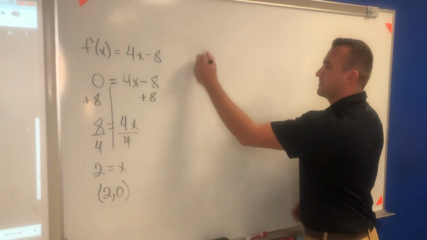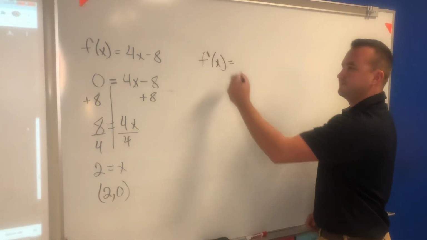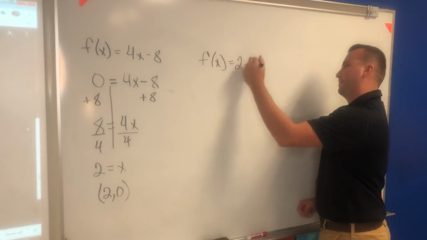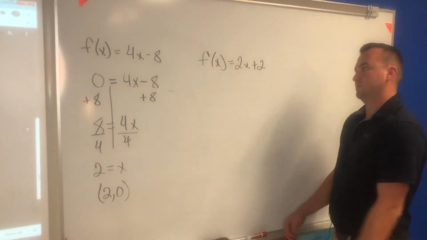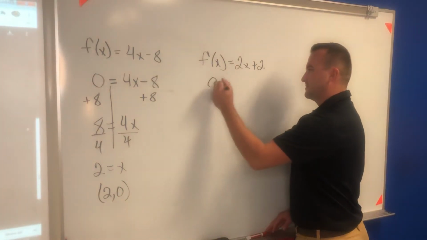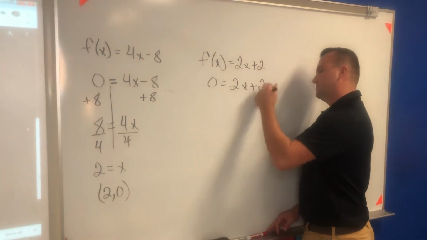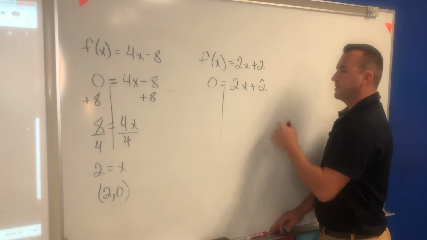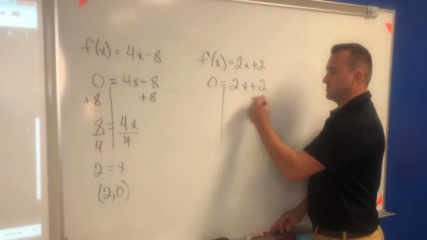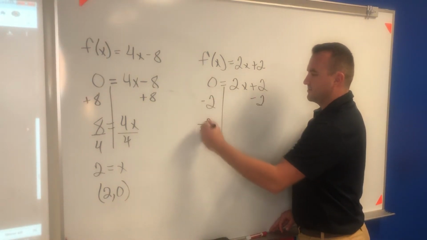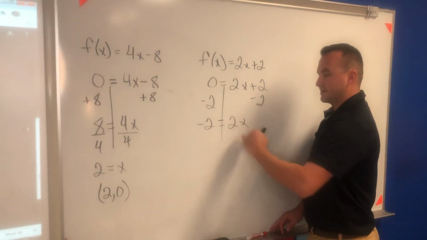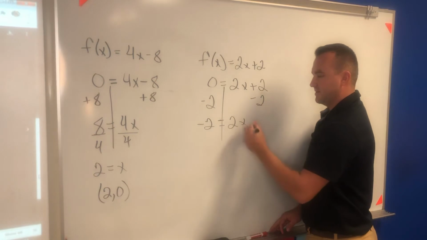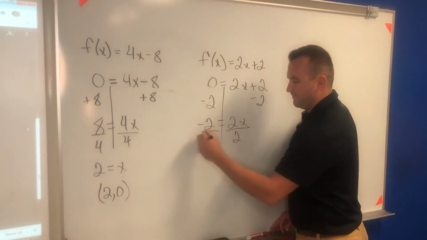Same thing if I'm given another equation. F of x equals 2x plus 2. Replace f of x for 0, 2x plus 2. I build my wall, solve for x. Subtract 2 to both sides, negative 2 is equal to 2x. To get x by itself, 2 and x are multiplying, I have to divide.